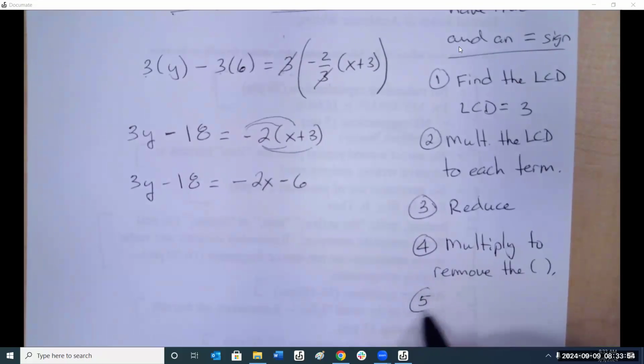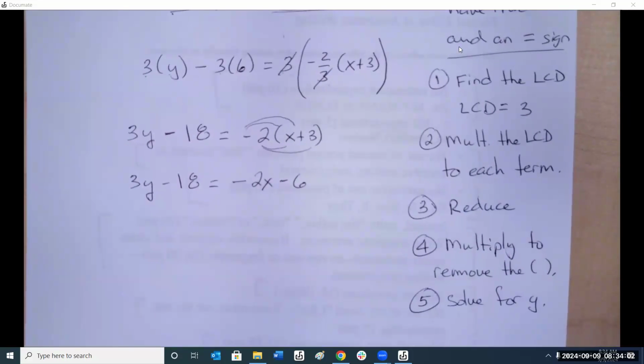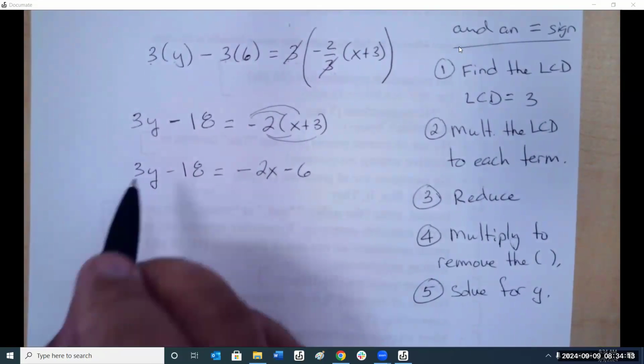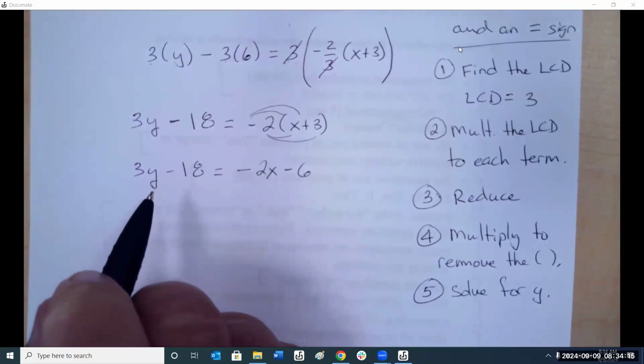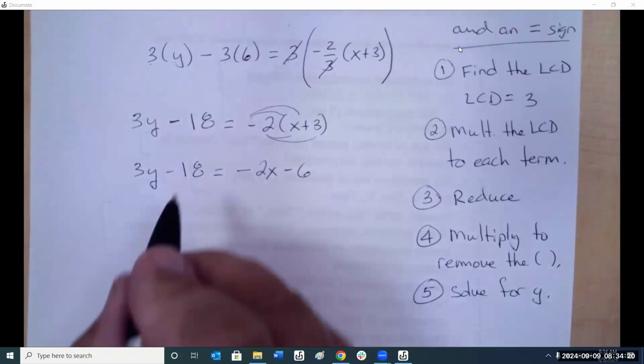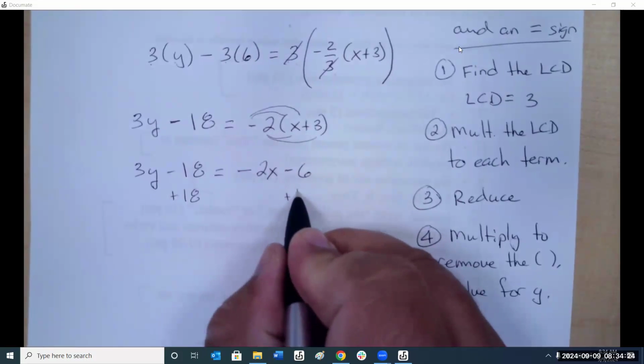And the last step, solve for y. So what do we have to move first? Have to move the 18. Whenever you're solving for something, it's just the opposite of the order of operations. Get rid of the plus and minuses first. So here's a negative 18, so we add 18 to both sides.